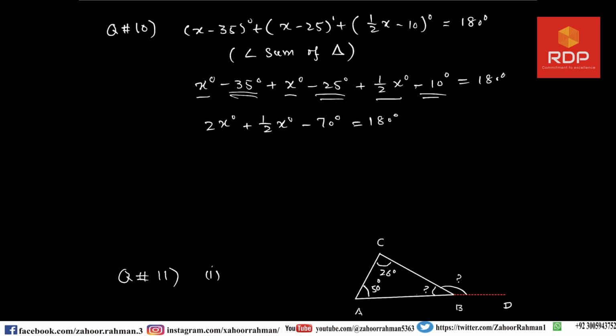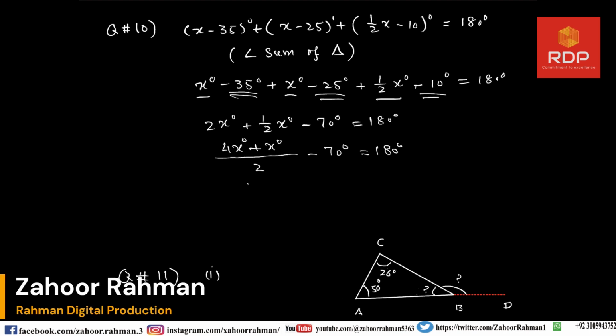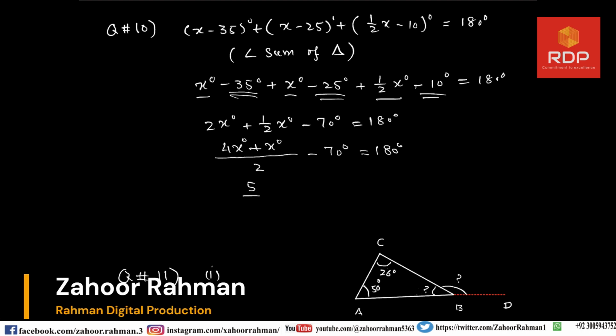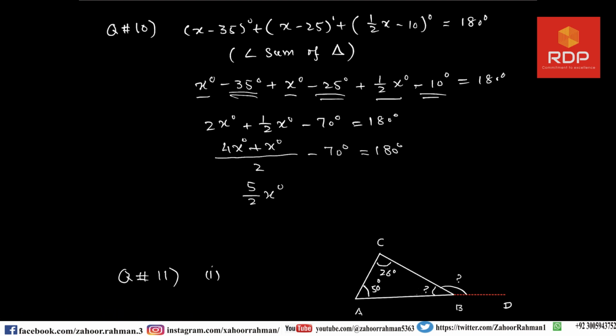Now ladies and gentlemen, if we take the LCM, which is 2, it will be 4x plus x, so that will be 5 divided by 2 x degree is equal to 250 degree.